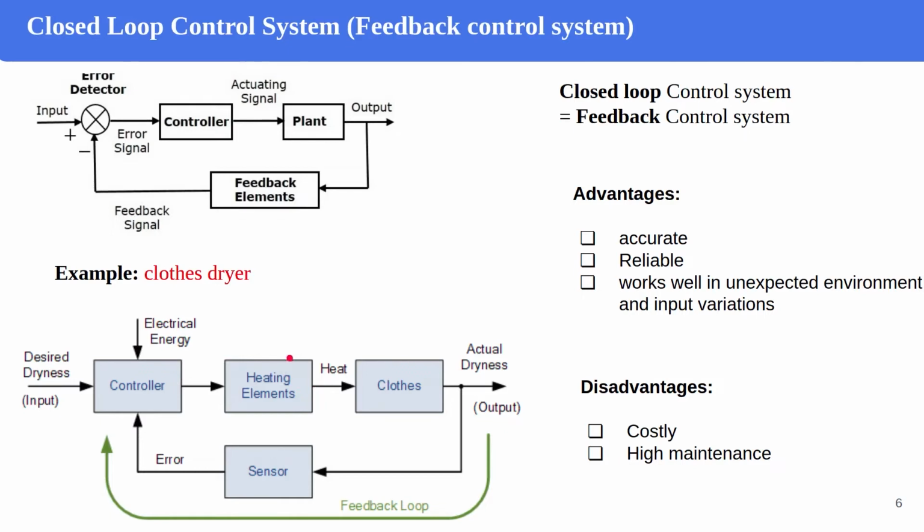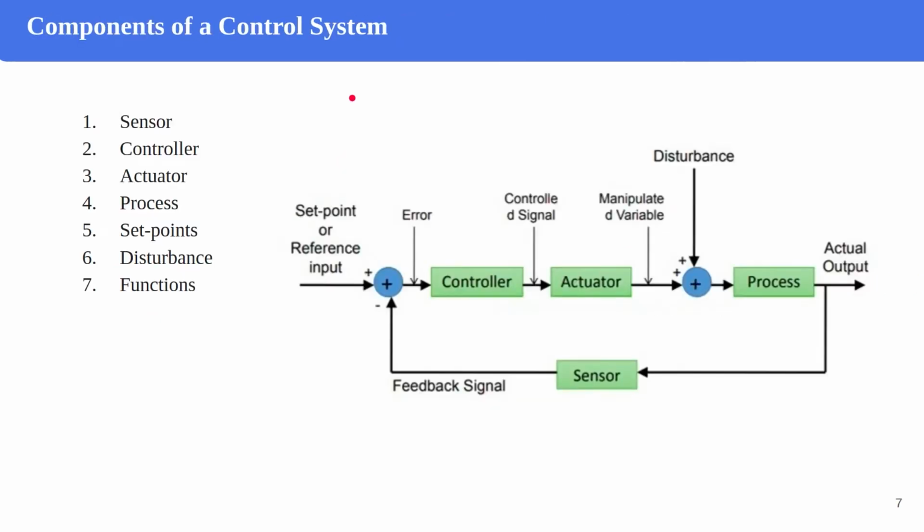There are examples of closed loop control systems like electric iron, air conditioners, temperature control systems, and so forth. Let's see what the components of a control system are. As you see, sensors are used to measure the system variables. We have the controller that calculates the error, the difference between set points and feedback signal. We have an actuator because the controller cannot connect directly to the process and plant.